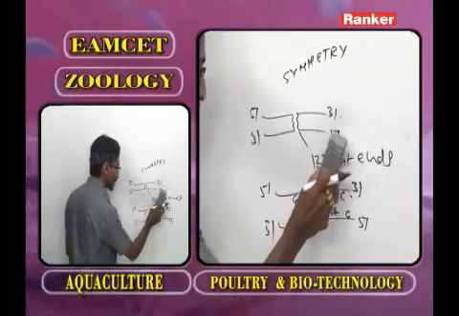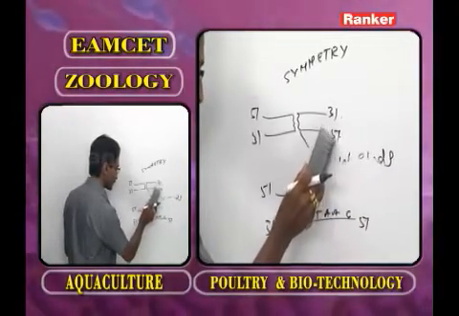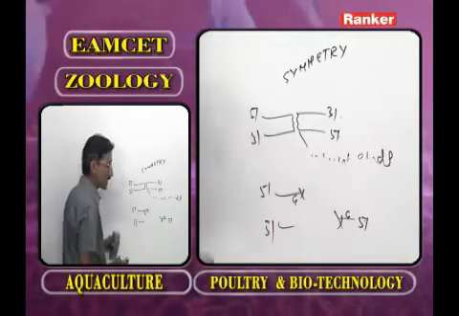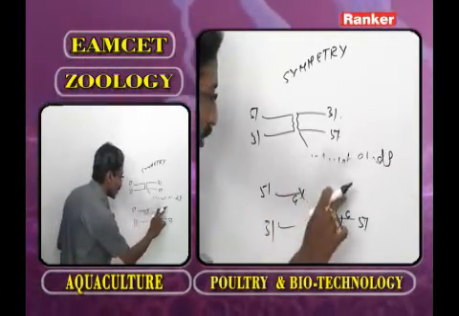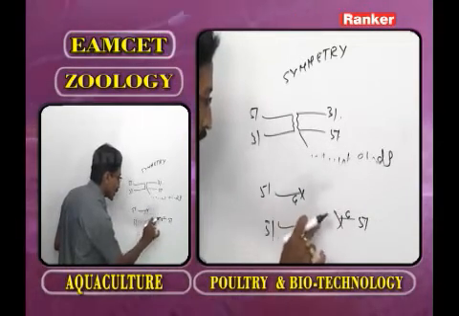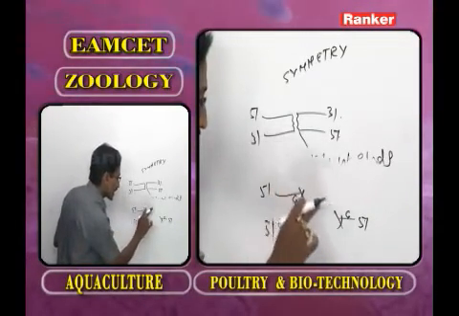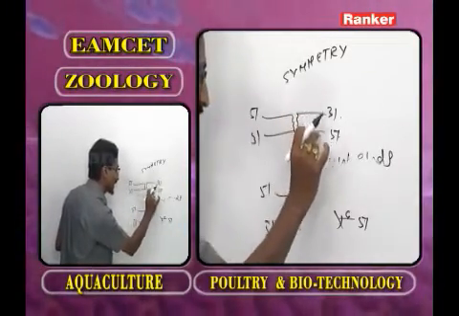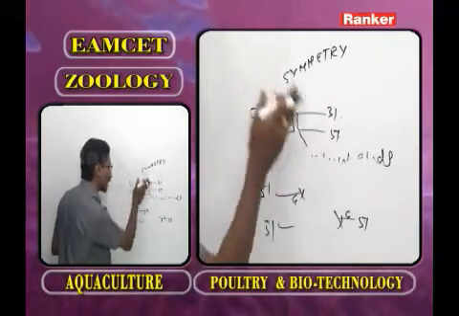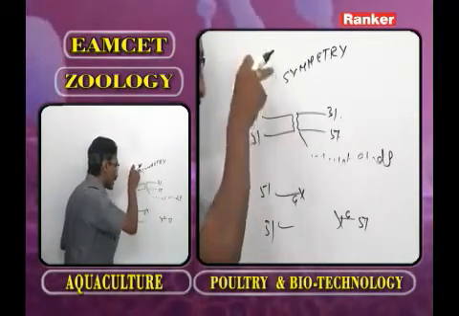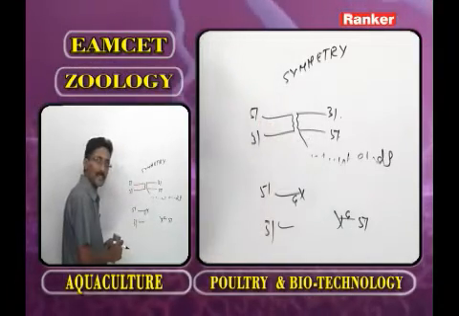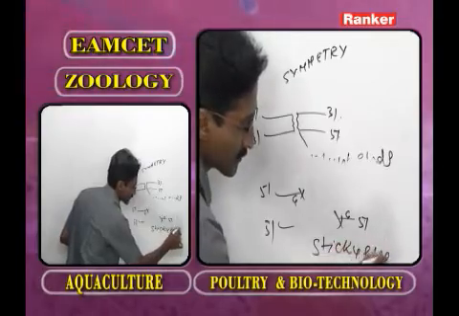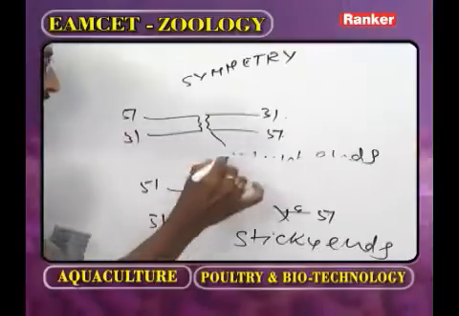Now this is sticky ends. Here we get a new fragment, because the restriction endonuclease enzymes cut the DNA strand around symmetry but not at symmetry. If they cut at symmetry, we are getting the blunt ends. Around symmetry, we are getting the sticky ends.